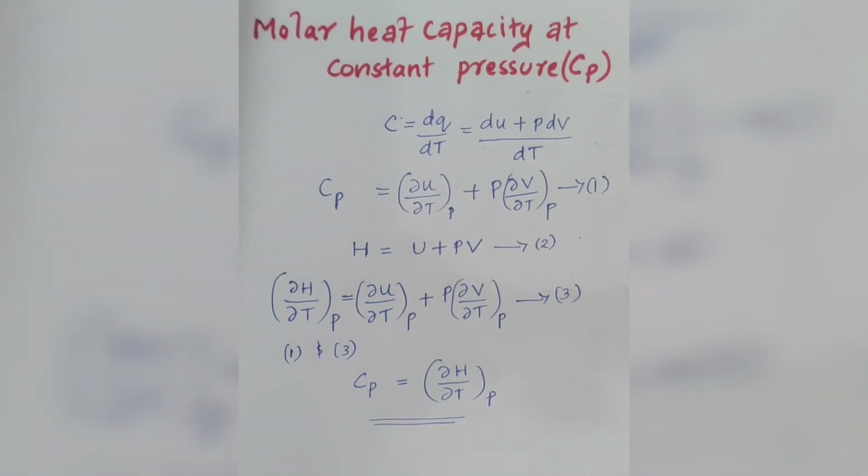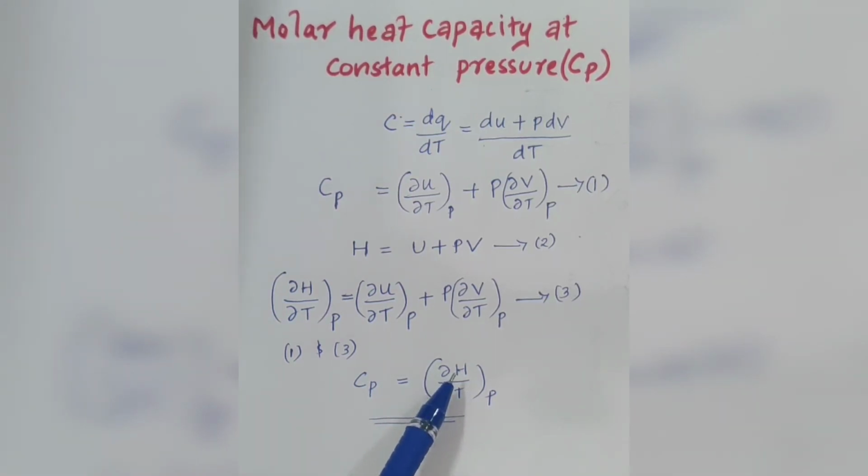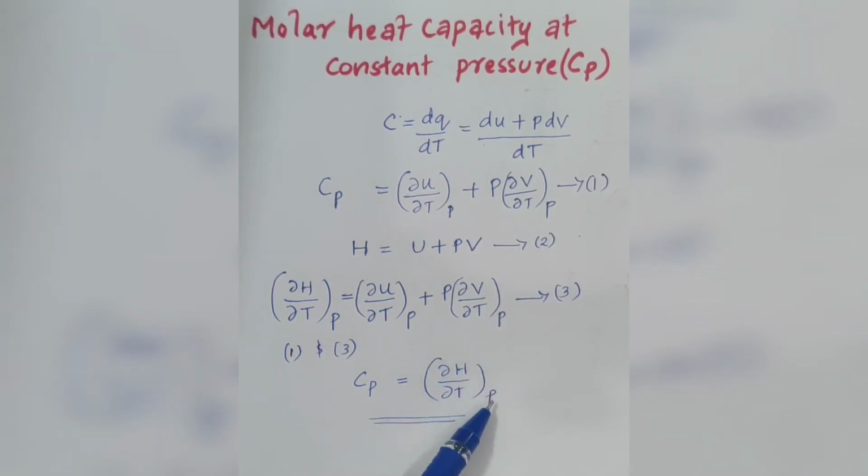The molar heat capacity at constant pressure of a system is equal to the rate of change of enthalpy of the system with respect to temperature at constant pressure. That is, it is the enthalpy change of the system for 1 degree rise of temperature at constant pressure.